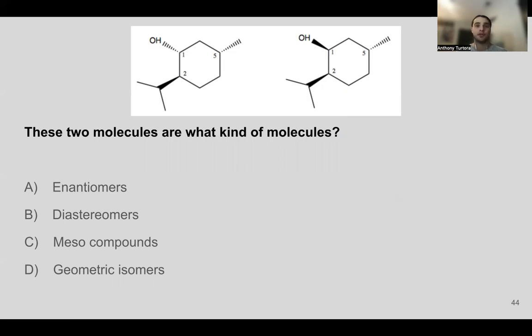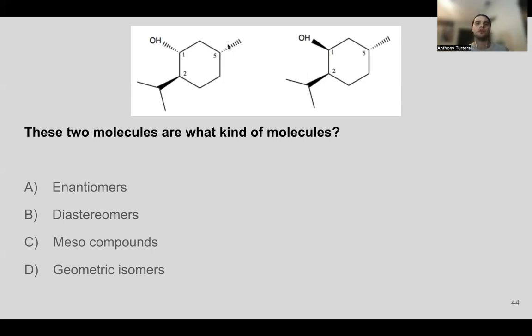Enantiomers are going to have all of the chiral centers with opposite absolute configurations. So when I'm looking here, let's look at 2 first. Okay, so that has the same conformation, so that's definitely not going to be an enantiomer. Here, this has opposite configuration. Okay, so it also can't be a meso compound as there won't be a plane of symmetry. And this chiral center here at 5 also has the same.